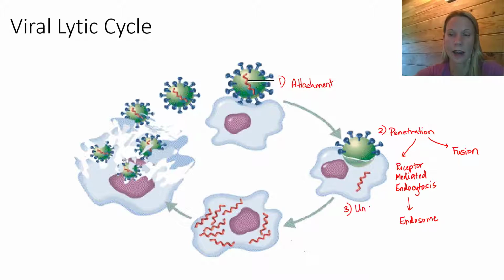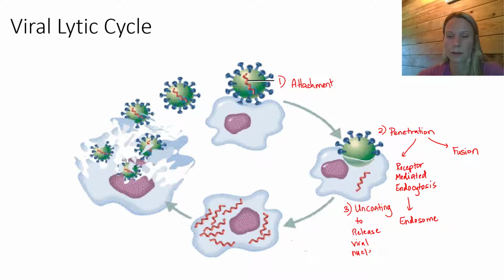So the capsid is released or dissolved, uncoating to release the viral, now we'll just keep it general here, viral nucleic acid from the capsid. So that's the uncoating stage.